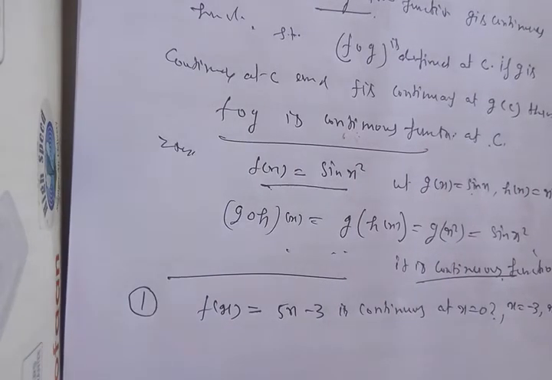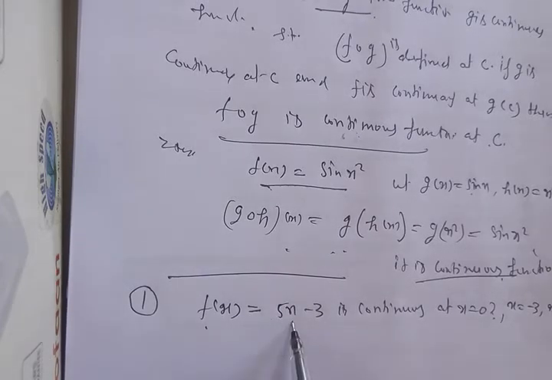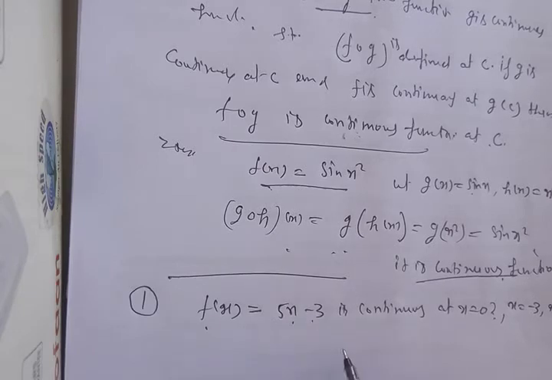Three points are given. So the function f(x) equals 5x minus 3. This is a linear polynomial, so it is also continuous in this type of question.